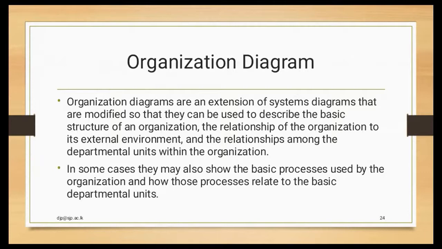It gives us a complete picture of the organization: how things are organized within it, what kind of relationship we have with external parties, and the relationship among the departmental units within the organization. So what kind of relationship you have as an organization, and among units within the organization, is also provided by this kind of system diagram.